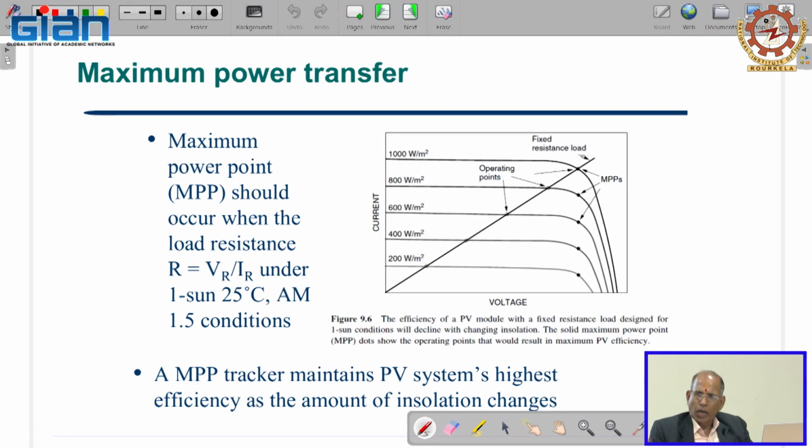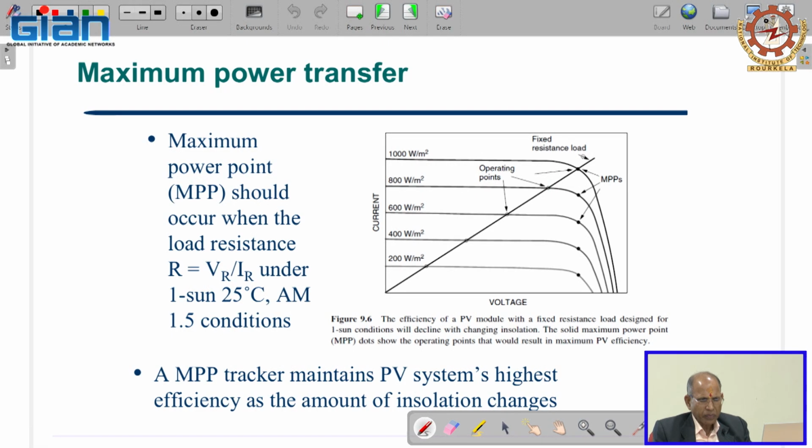So you have to keep on continuously tracking the insolation level, so that we can operate our load at the MPP condition and have the maximum output from the PV system.